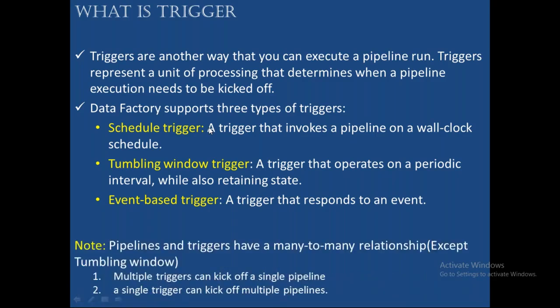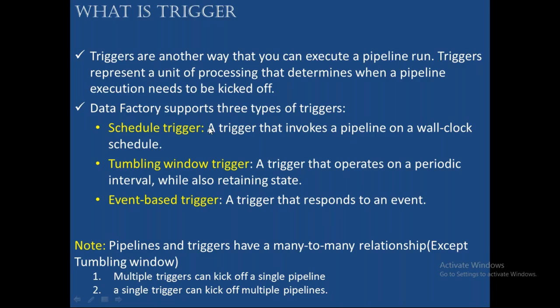One trigger can be attached to multiple pipelines, and one pipeline can have multiple triggers. I'm repeating again: multiple triggers can attach to a single pipeline, and one trigger can be attached to multiple pipelines.